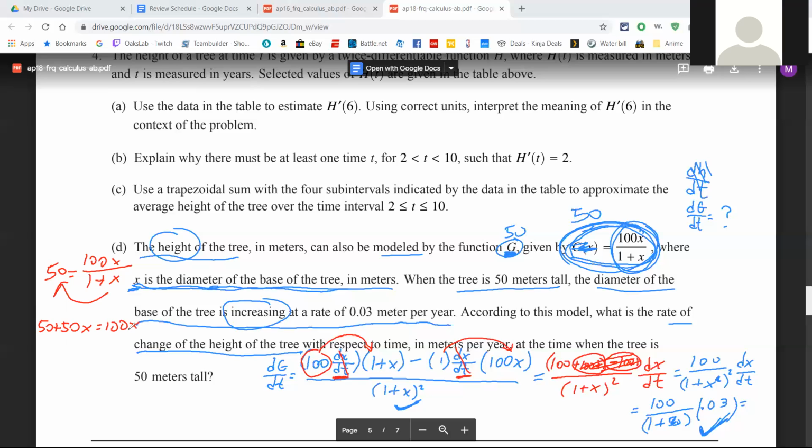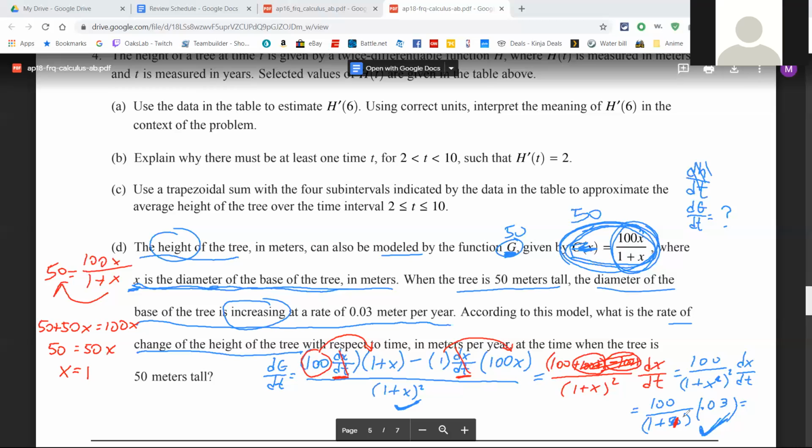Mm-hmm. We subtract 50x on both sides, and that should be very obvious to you. After we subtracted 50x on both sides, that x has to be 1, right? Mm-hmm. So actually, we're supposed to put 1 here.